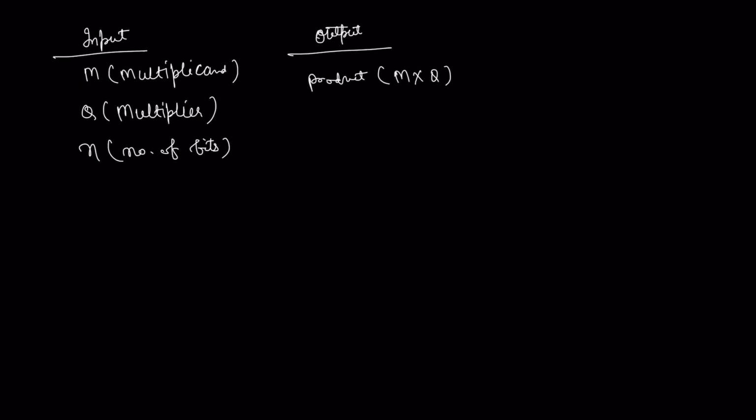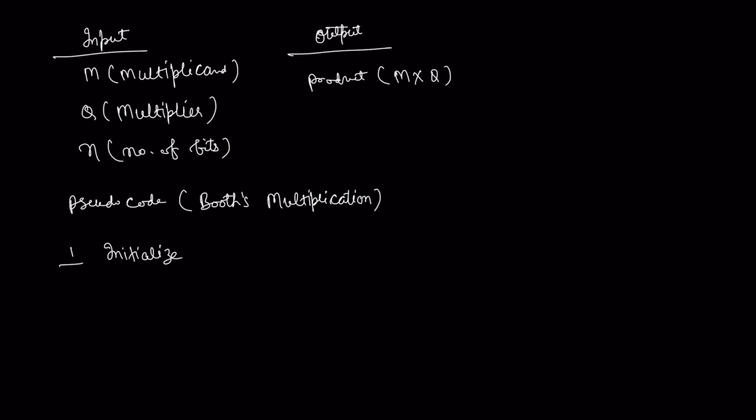So let's see the pseudocode of Booth's multiplication. First, what we have to do is initialize. Here the accumulator we will initialize with 0. This accumulator will be of n bits.